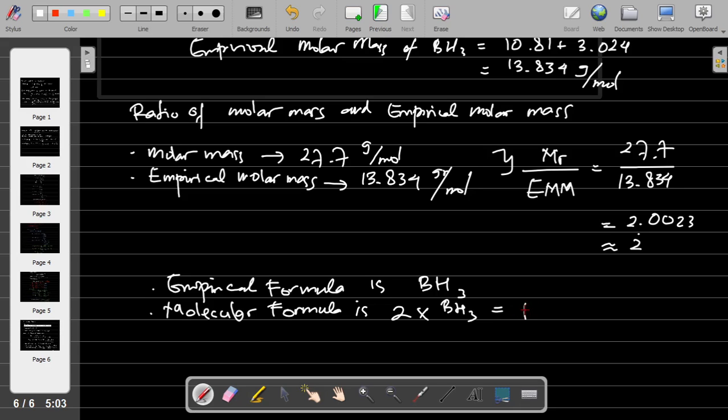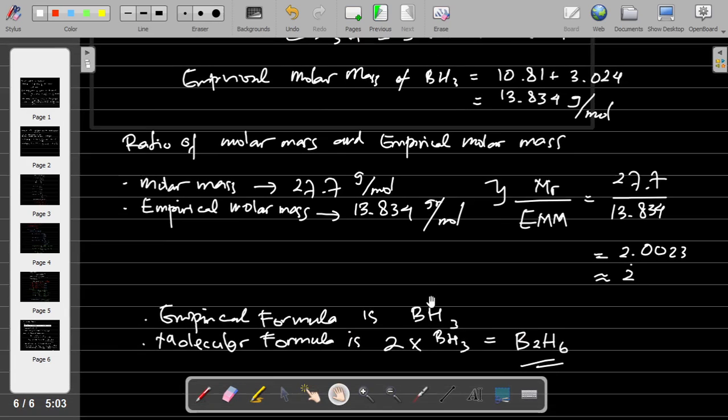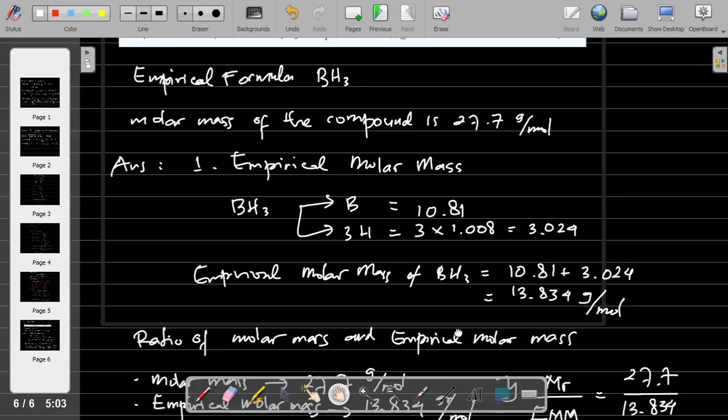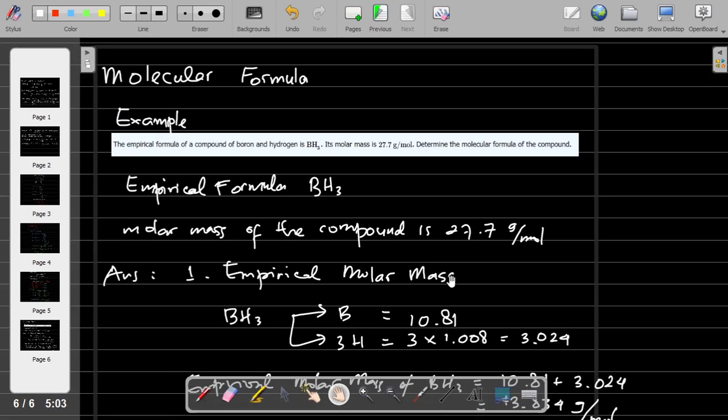So we have B2H6. This is the molecular formula, B2H6. So this is the video on finding the molecular formula.